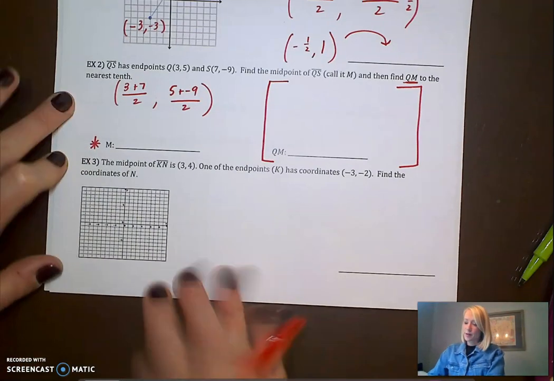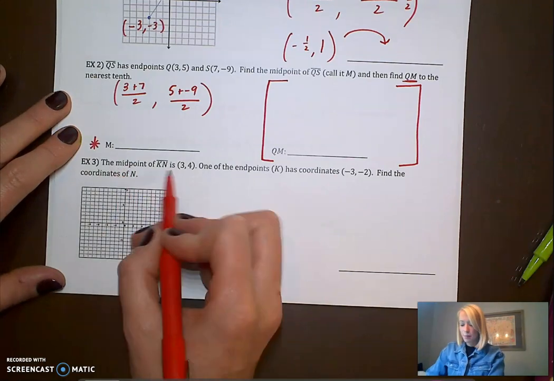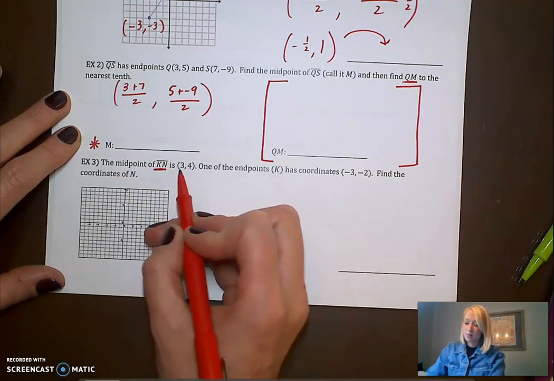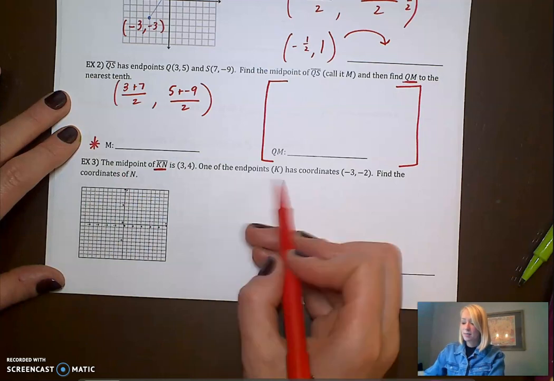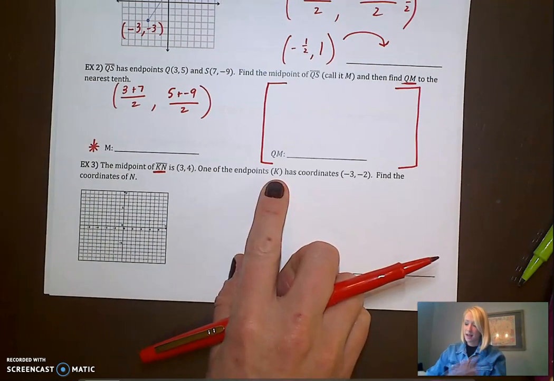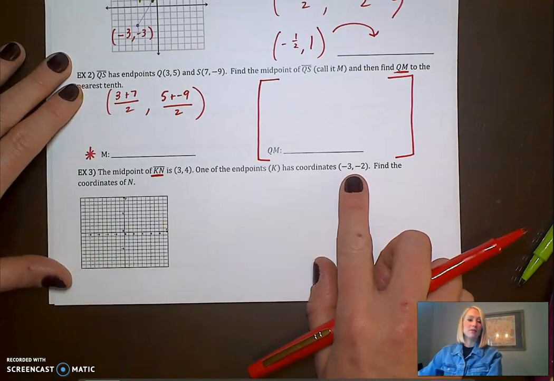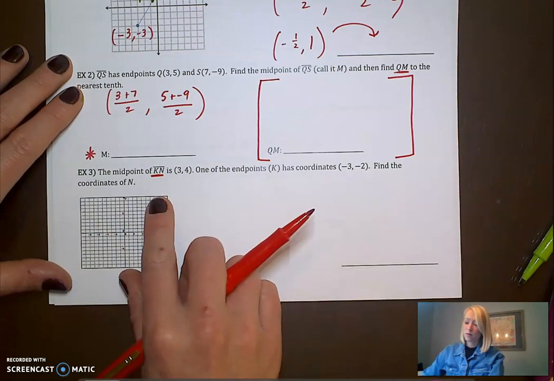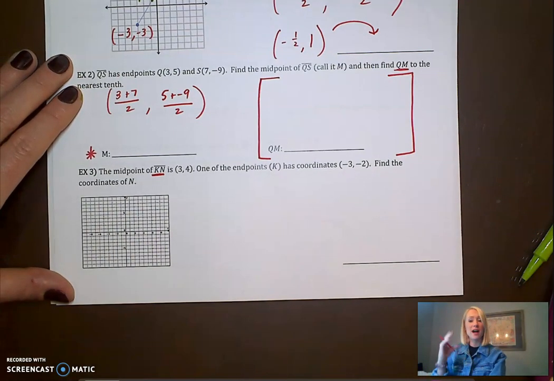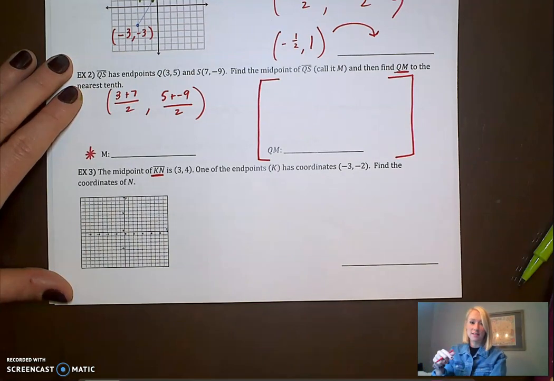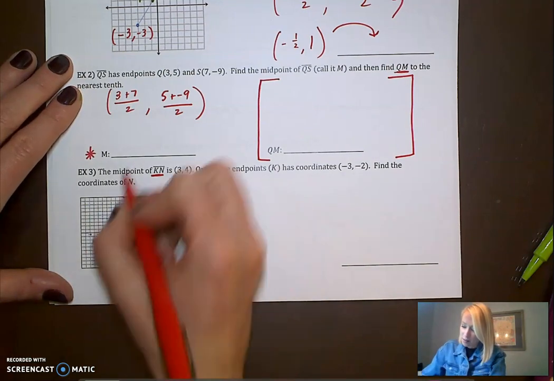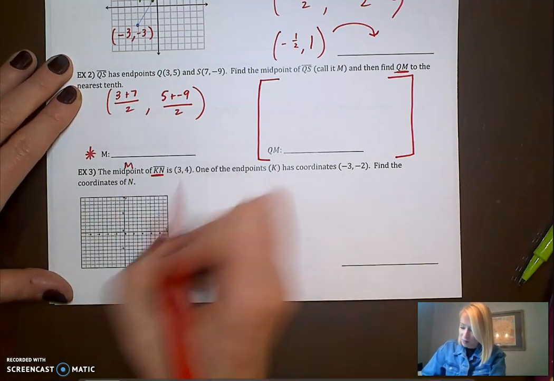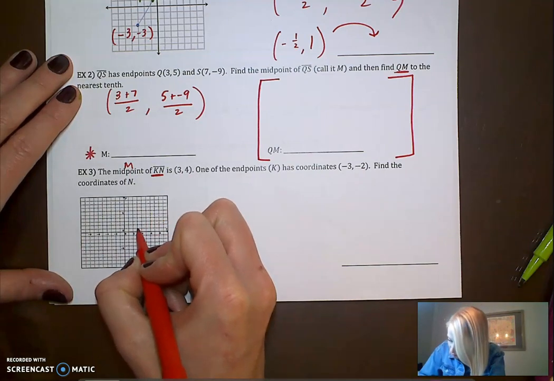Okay, last example. So this one, they give me the midpoint of some segment KN is 3, 4. Then they tell me one of the endpoints, we'll say it's K, has the coordinates of -3, -2. I want to find the coordinates of N. They're giving me the graph because they're encouraging me to draw this out and use a picture of it. So let's call the midpoint M. Let's plot that point, 3, 4.